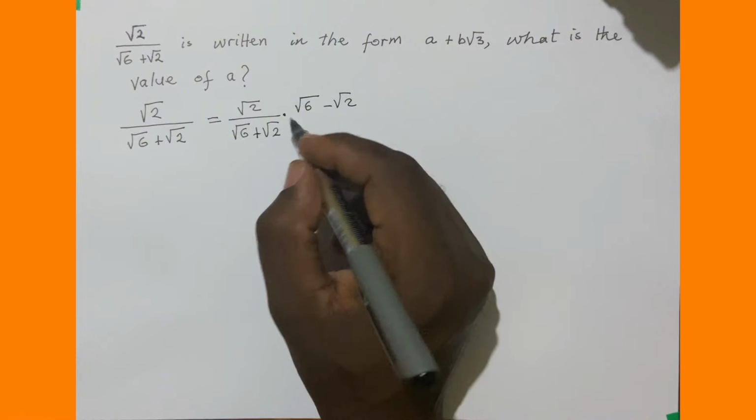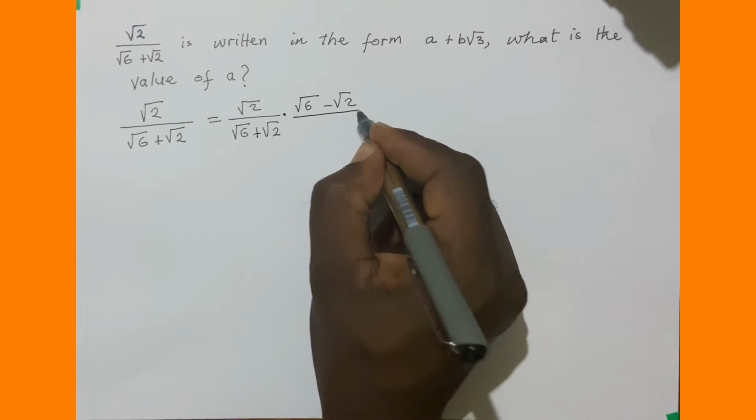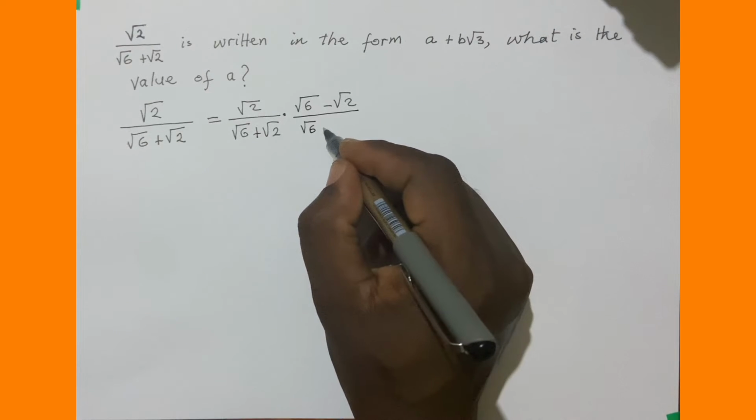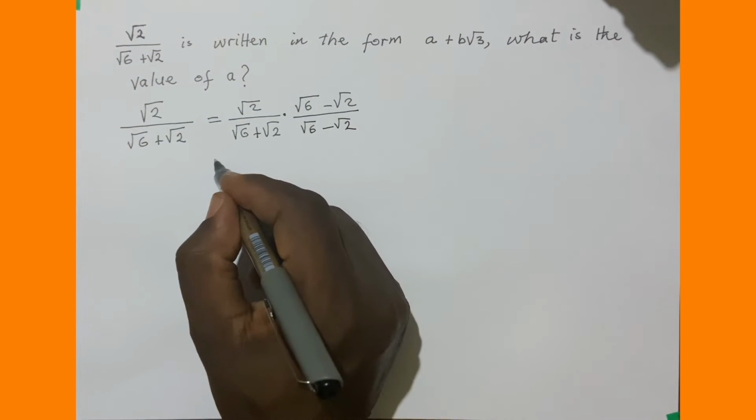Root 6 minus root 2 is the conjugate of the denominator, divided by root 6 minus root 2.